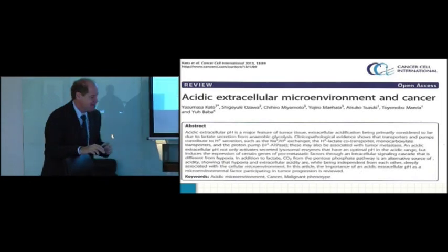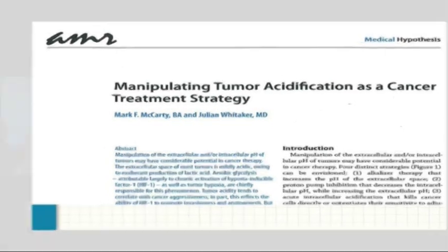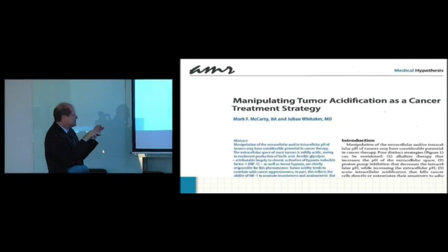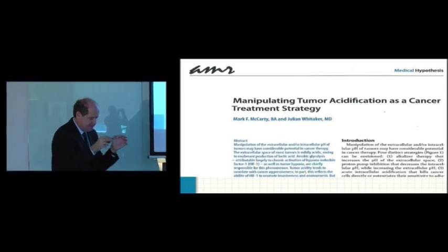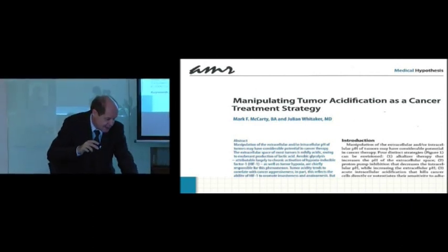This is another paper which clearly states that tumor acidity tends to correlate with cancer aggressiveness and that if you lower the extracellular acidity in the vicinity of the tumor cell, this protects from cancer formation and aggressiveness.